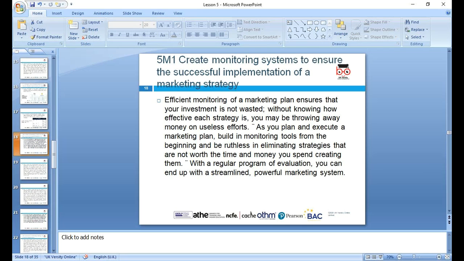Next, we're looking at 5M1, a merit criteria: create a monitoring system. So what is an efficient monitoring system? A marketing plan ensures that your investment is not wasted. Your reporting system is also part of the monitoring system. Without knowing how effective each strategy is, you may be throwing away money. So if you are advertising, you need to look around.